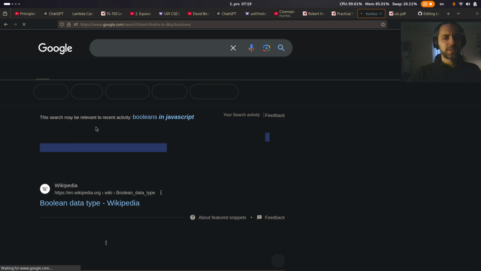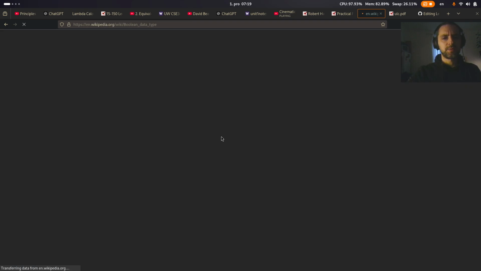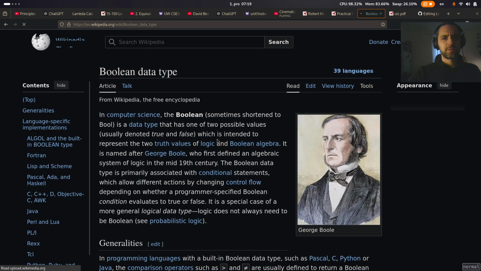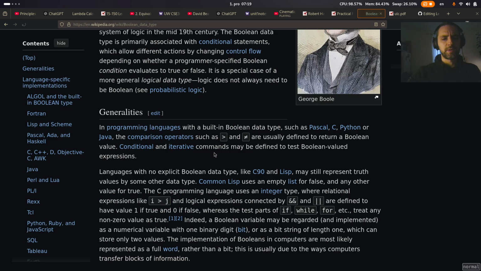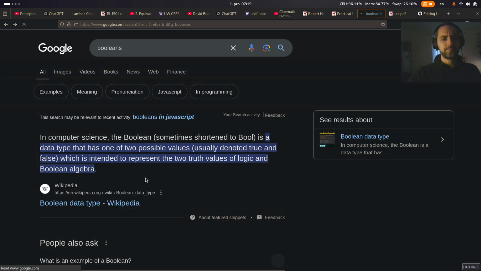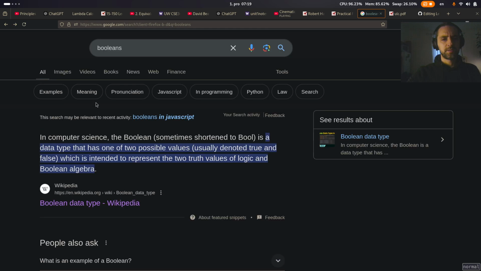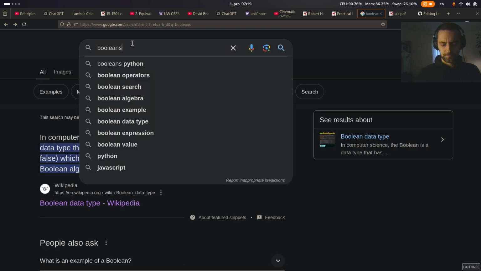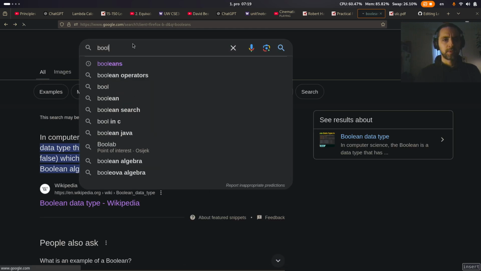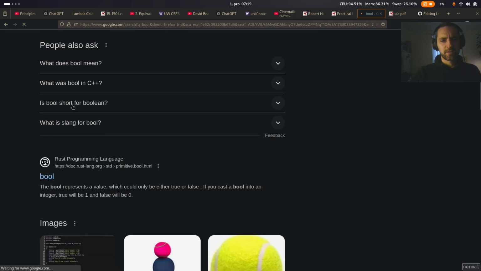Maybe try to understand them more as a Boolean data type. Generalities. Yeah, I think I'll do some reading and thinking.